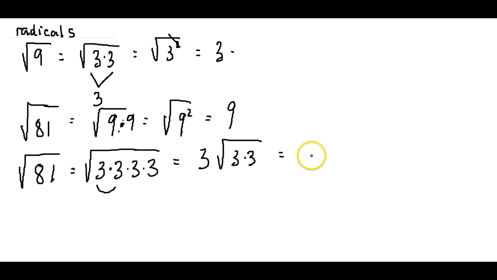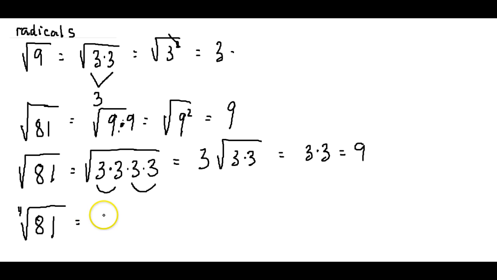Again, we have another pair, so we can pull that out of the radical, and we end up with 3 times 3, or 9. So the point of this is looking at it in terms of pairs, pulling out groups of 2 of the same number from the radical to put on the outside of the radical.